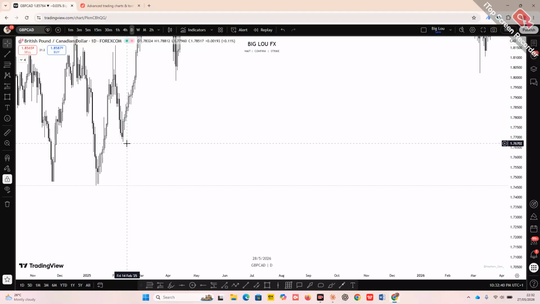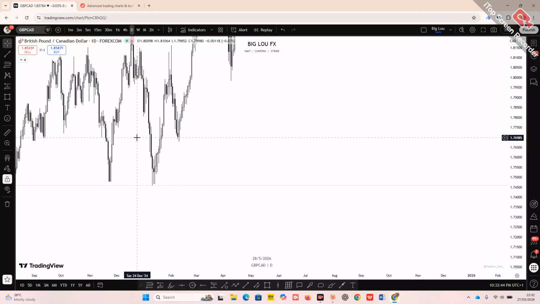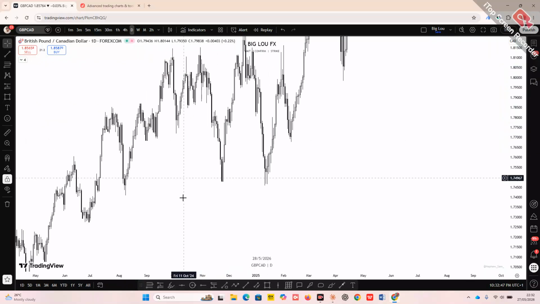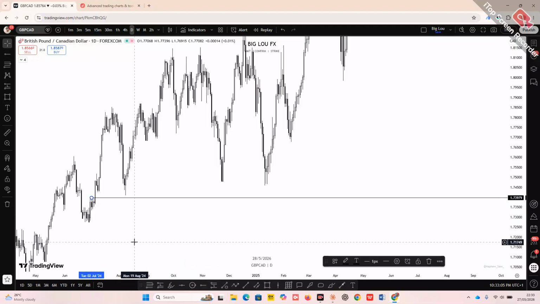The whole demand here, there's no inefficiency here, there's no imbalance here. So all those zones are mitigated up until this very zone here, until here, if I got it right.